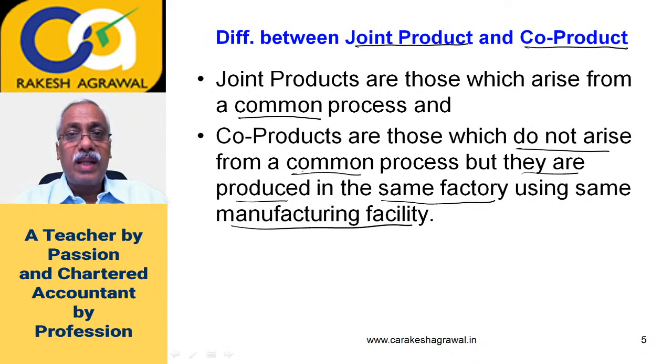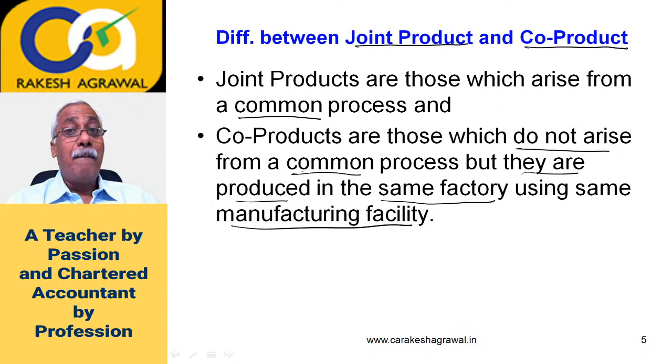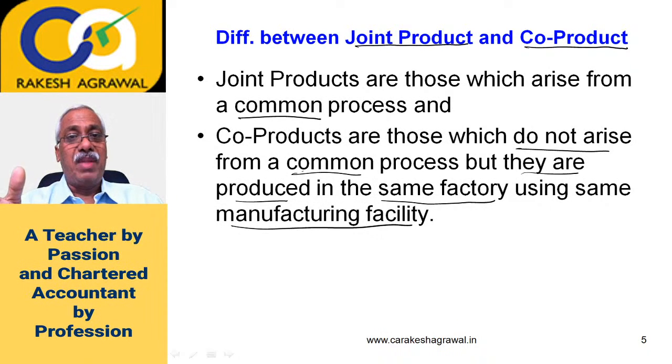Means co-products are produced under the same roof, using the same manufacturing facilities, probably the same workers, but they don't arise out of a common process. The process is not the same. The processing might be slightly different, but machineries could be the same, manpower could be the same. So these are called co-products.